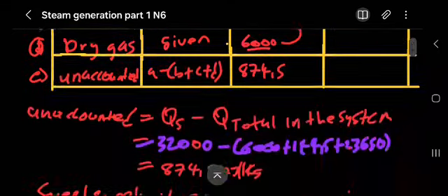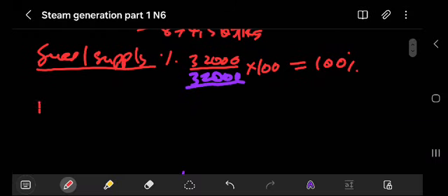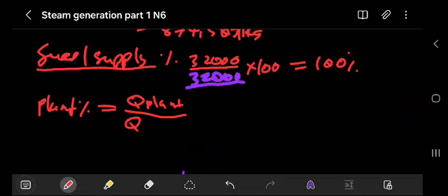For the plant, they want the percentage there, it will be the heat of the plant, Q of the plant, divided by Q of the fuel supply, multiplied by 100.